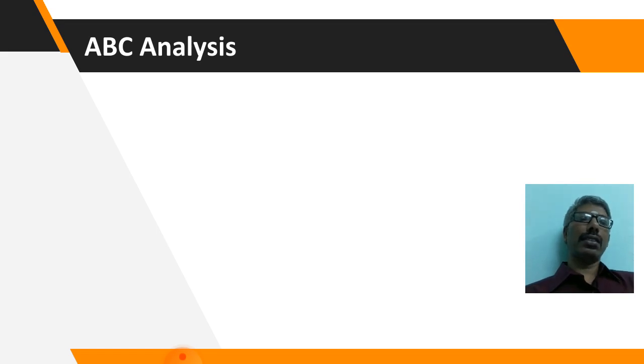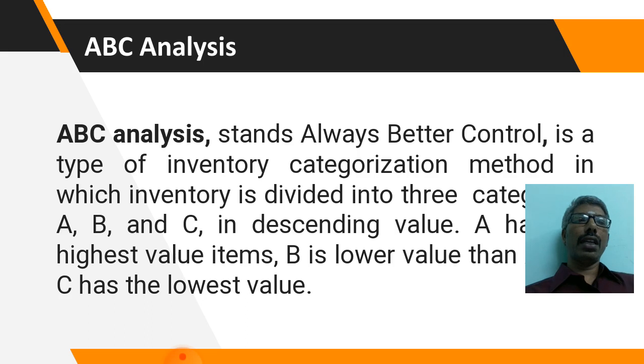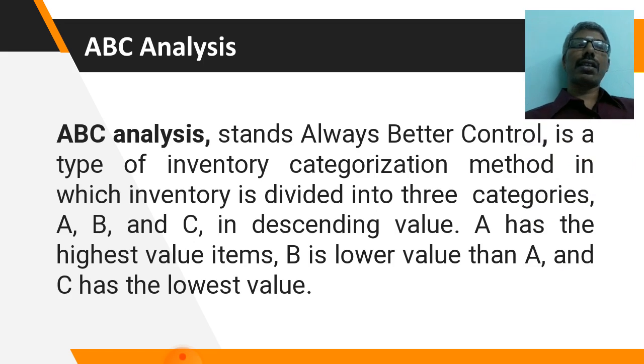Under this analysis, the inventories are categorized into three groups named Group A, Group B and Group C. Group A category of materials have a higher value of goods possessing a minimum quantity, Group B has a value lower than A, and Group C has the lowest value.